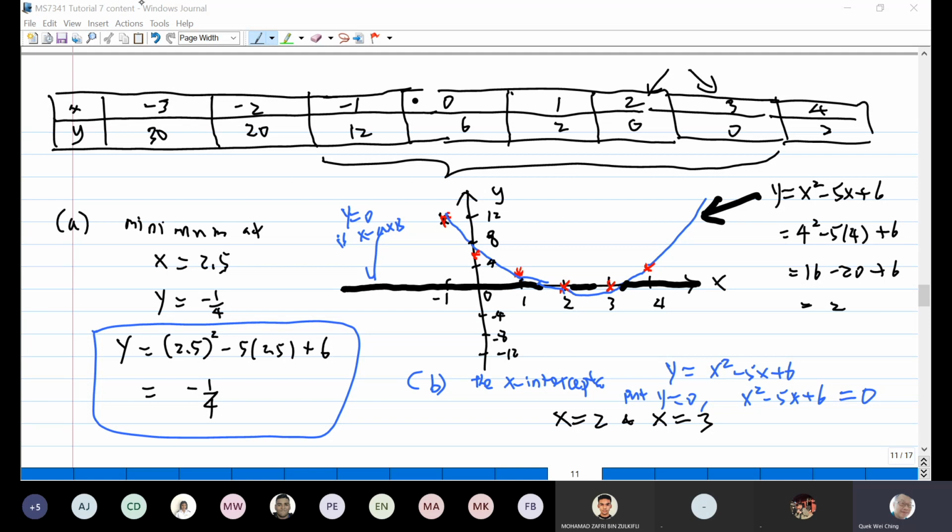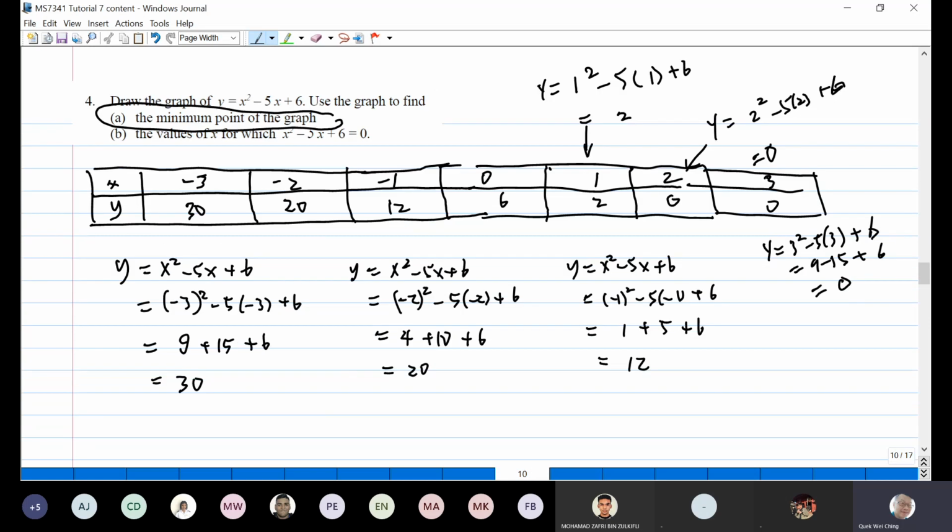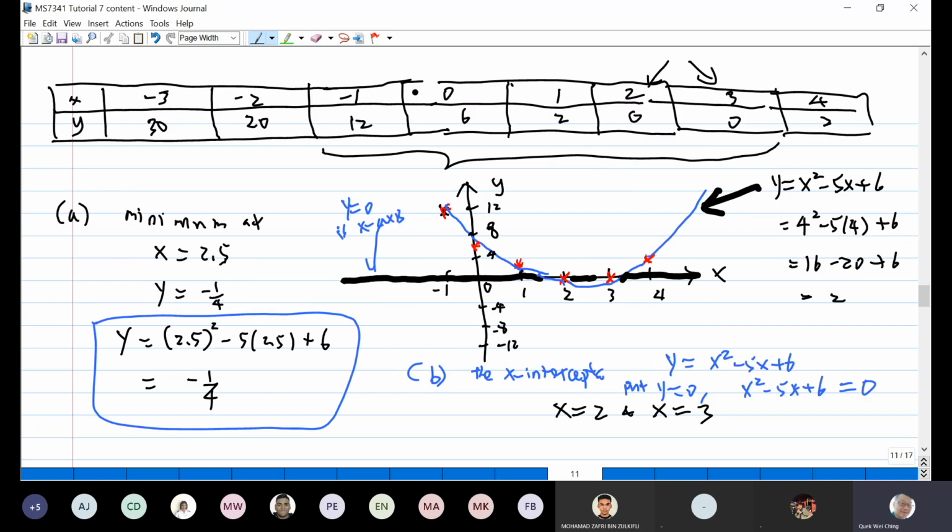So you can take a picture of this. This is question 4. I'll take a picture here. Question 4, how to do the calculation, is a bit trial and error.